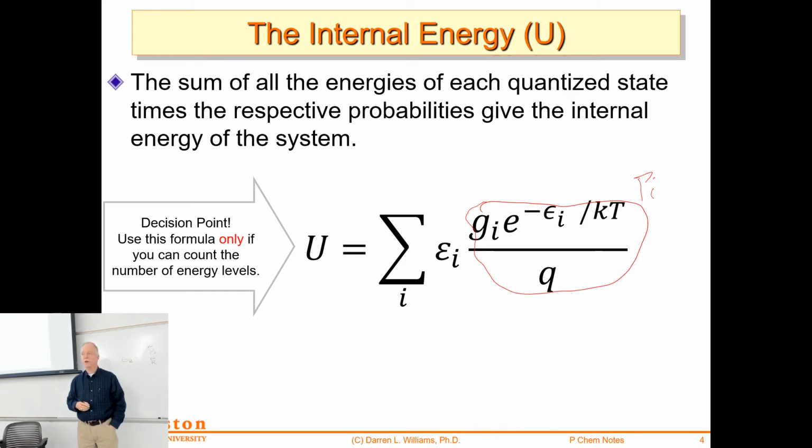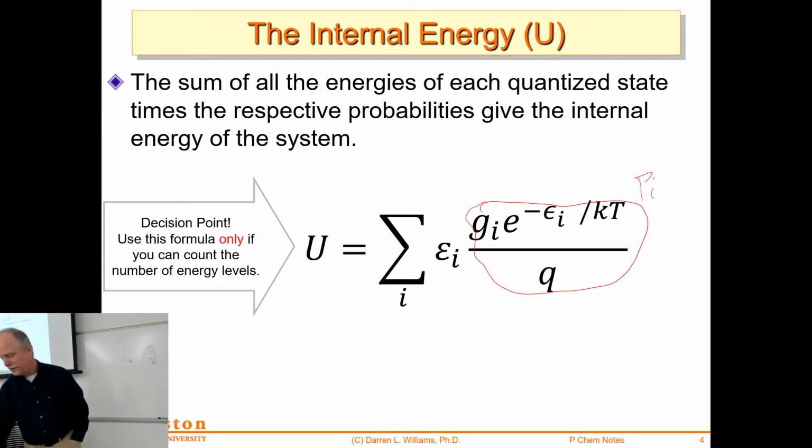But when we start talking about a mole of molecules at room temperature, 33 billion energy levels, that's not a countable system. No one's going to assign that to you, okay? So you would not use this equation for internal energy for that kind of system. Okay, we'll look at that equation here, probably either today or the next time.